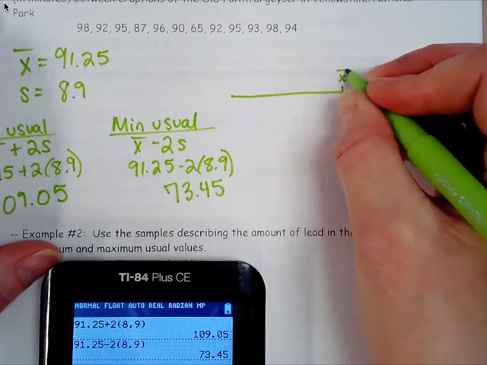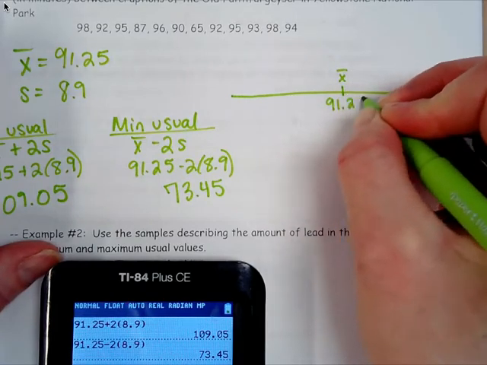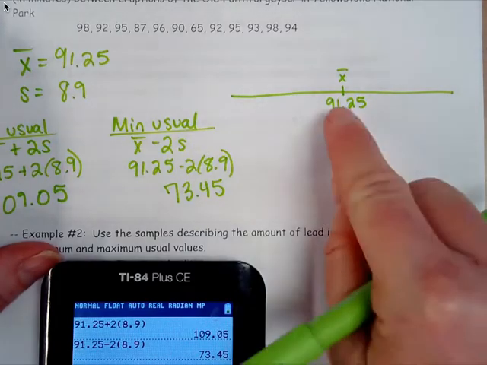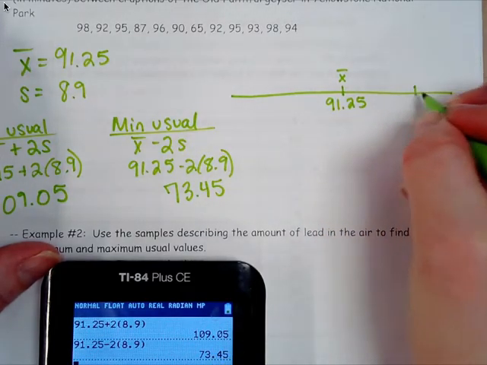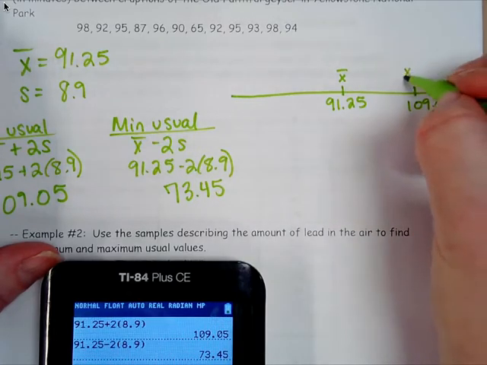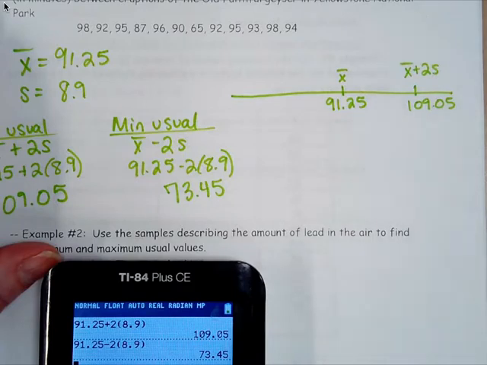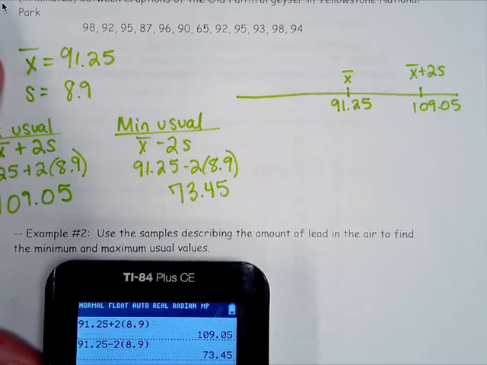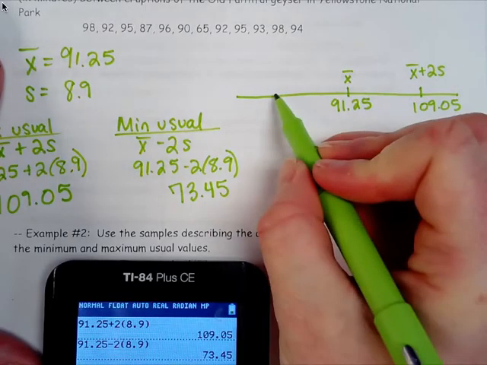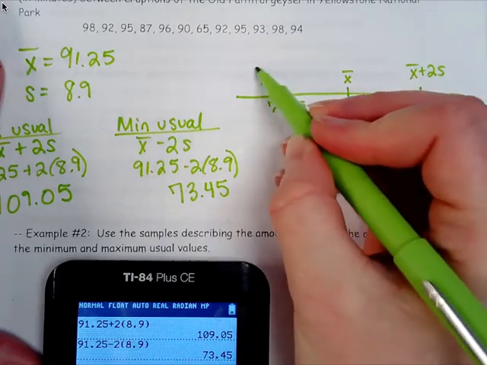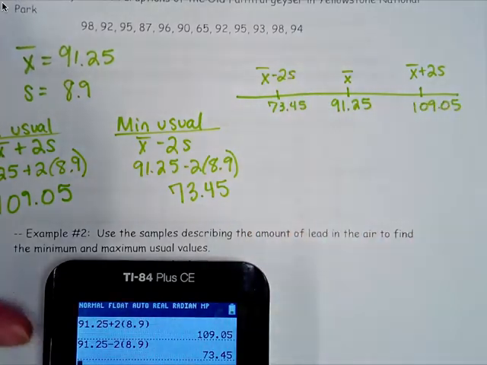So I'm going to put X bar, which is 91.25, 2 standard deviations above, 109.05, and then our minimum usual value, 73.45. So X bar minus 2 standard deviations.